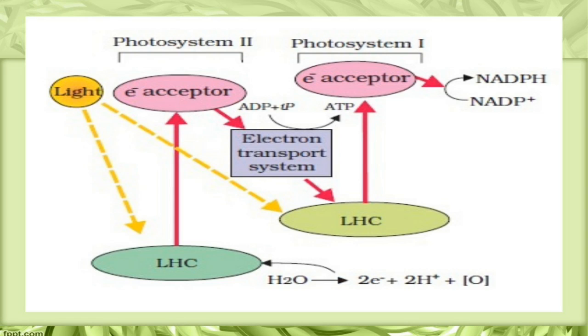The electron which is released from LHC is accepted by the primary acceptor and then moves to photosystem 1, the upper one of LHC. And from there again the electron moves and is finally accepted by NADPH.